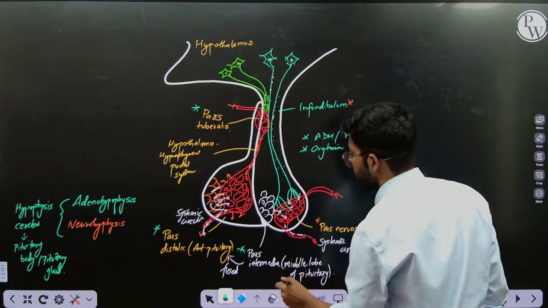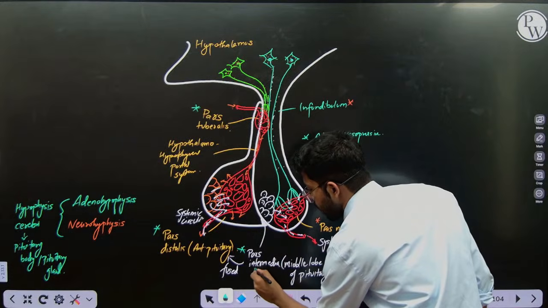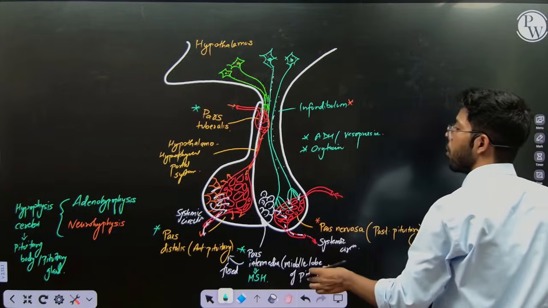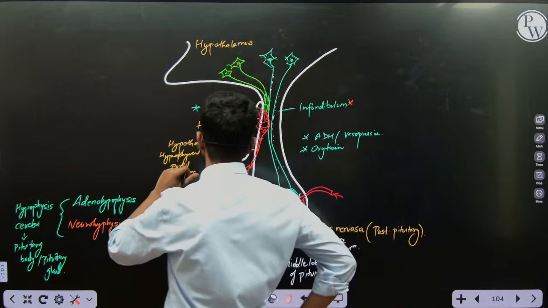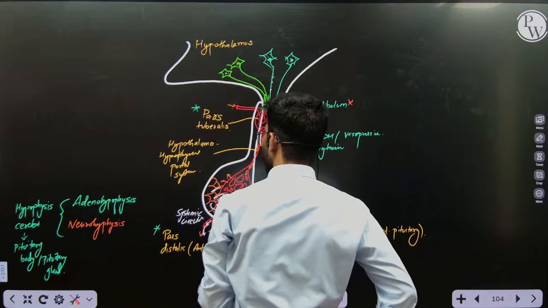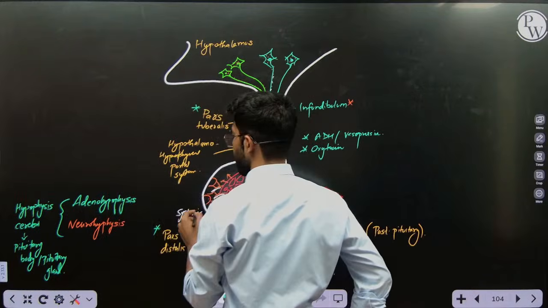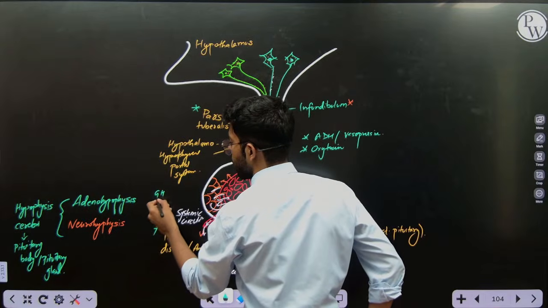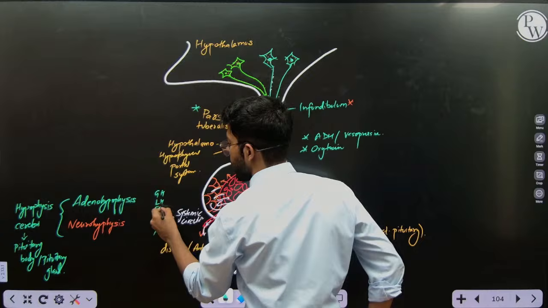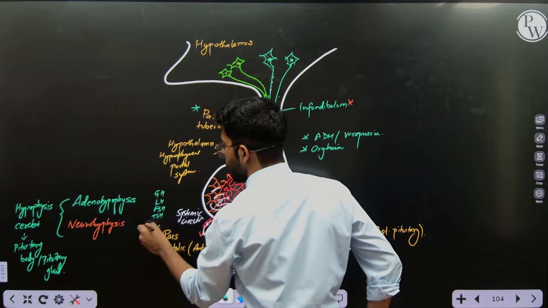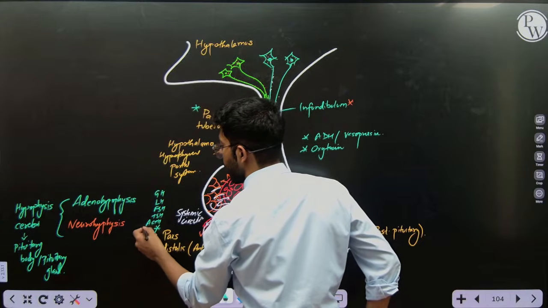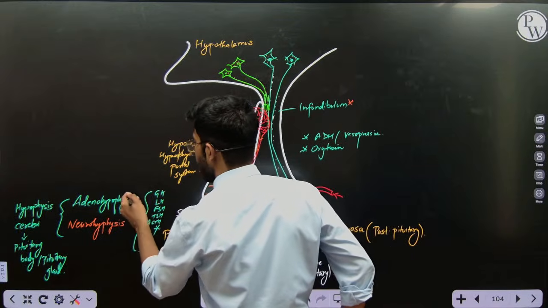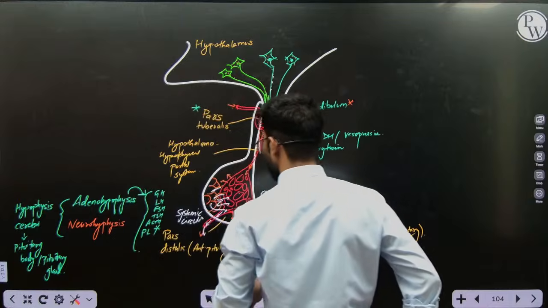The middle lobe of the pituitary releases MSH, that is melanocyte stimulating hormone, and the anterior lobe of the pituitary releases six types of hormones: GH, LH, FSH, TSH, ACTH, and prolactin, that is PL, released by the adenohypophysis only.